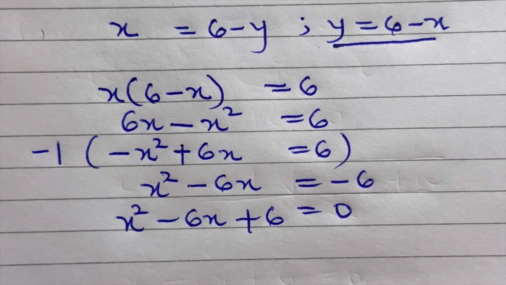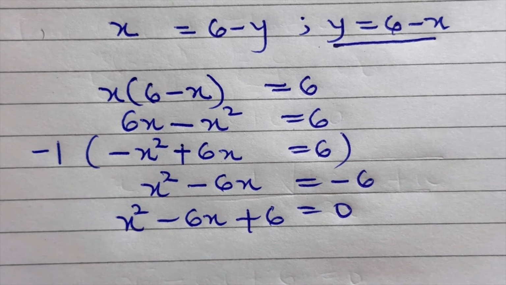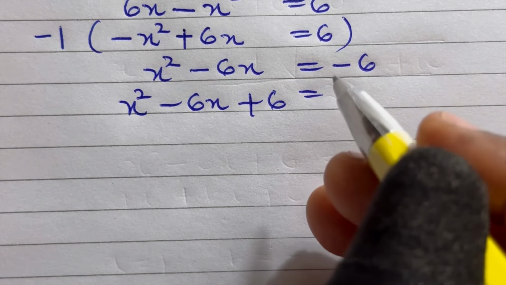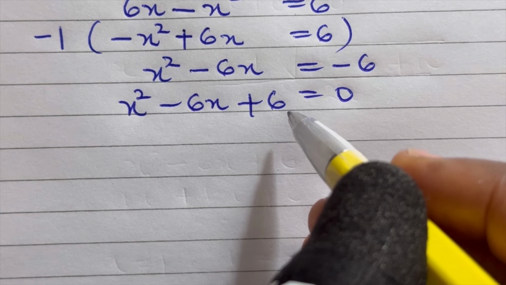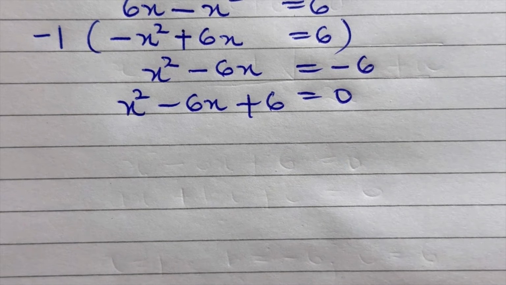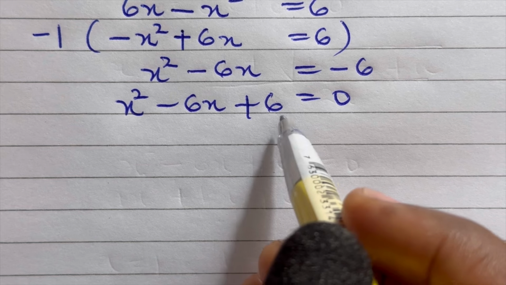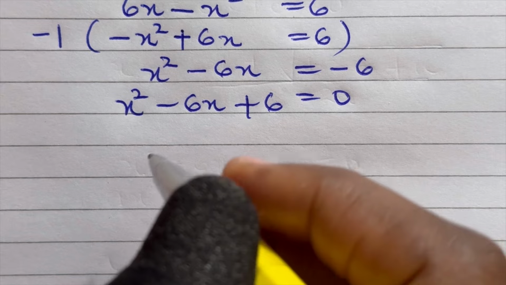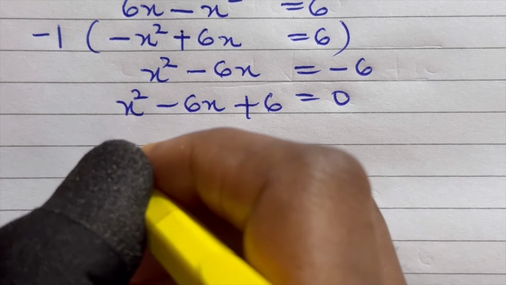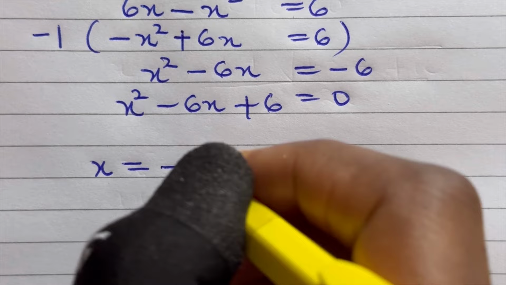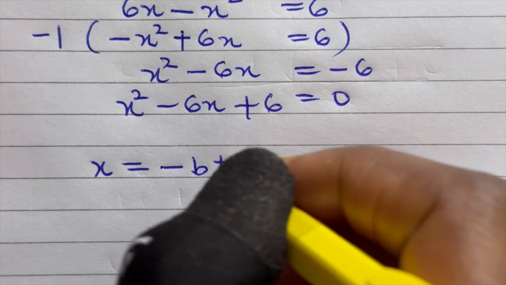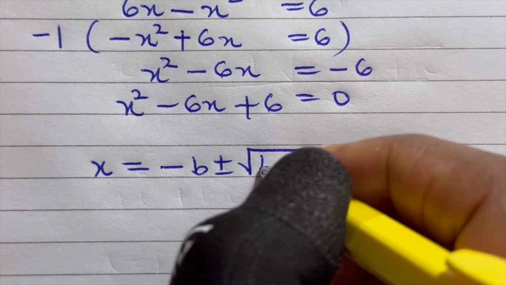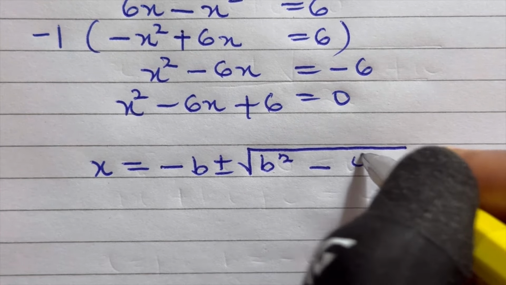With this equation now, which happens to be a quadratic equation, we can now solve for x and obtain two values. We first of all have to check if this equation is factorizable, and from my point of view, it doesn't look factorizable. So we are going to use the quadratic formula to solve for x. We say x is equal to negative b plus or minus the square root of b squared minus 4ac.